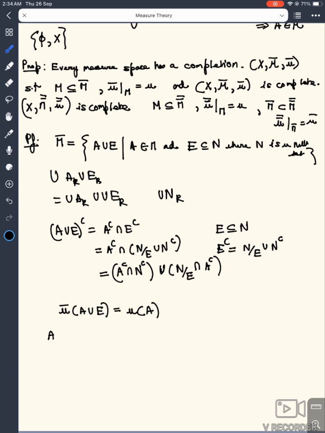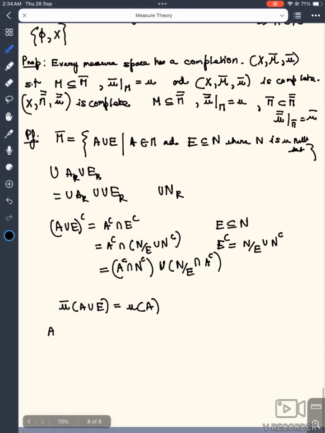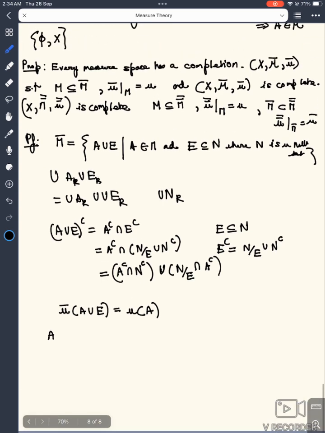Suppose A1 union E1 is equal to A2 union E2, that is, the same set with two representations, where E1 is a subset of N1, a null set, and E2 is a subset of N2, another null set.